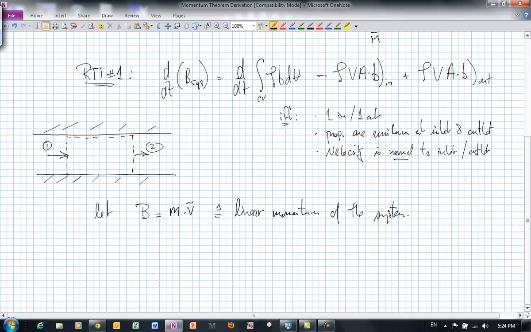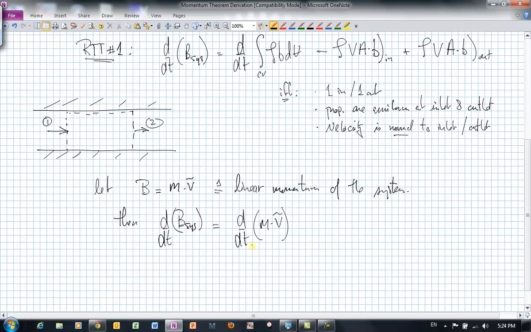Of course, if I'm looking at mv inside this control volume, it would be the linear momentum of the control volume. So what do I know about this? Well, d/dt of B system is equal to d/dt of m times the velocity of that system, and the rate of change of momentum of the system, we know, is equal to the sum of the forces acting on the system.